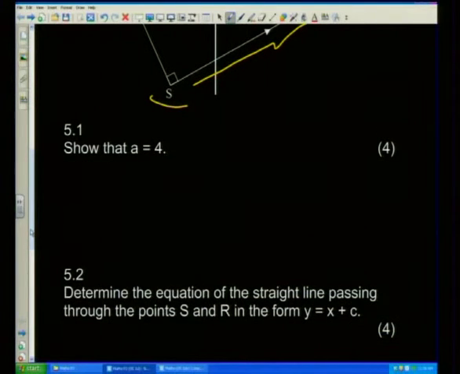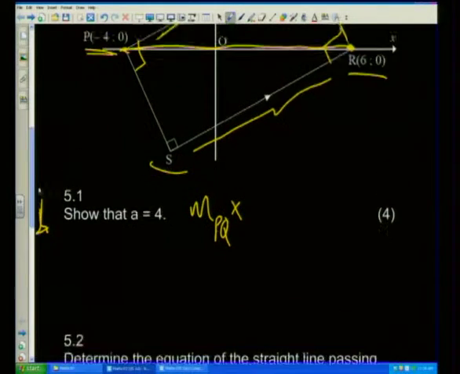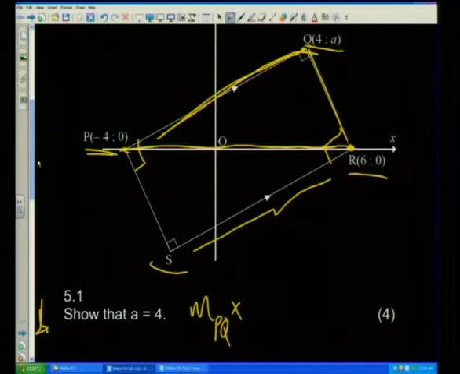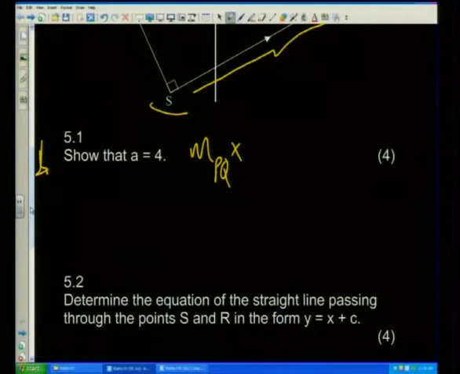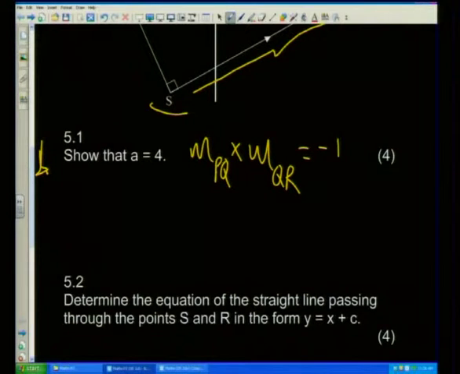So what I'm saying is M of PQ will be multiplied by, remember I said the product, and that one is what? QR, okay? And the slope of QR must give me -1. Do you know how to find the slope?